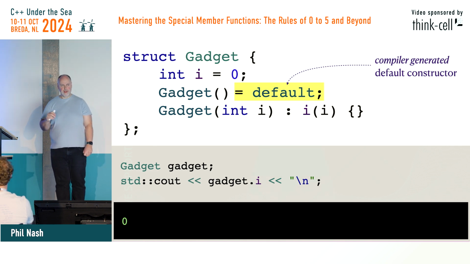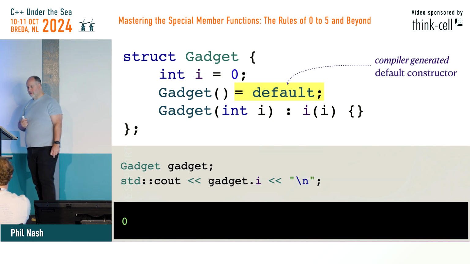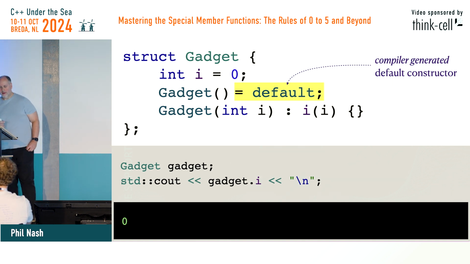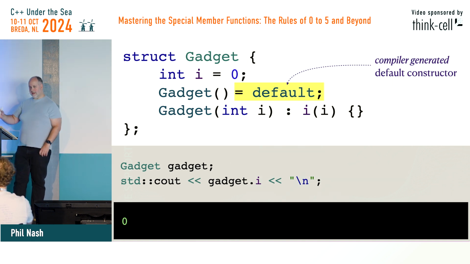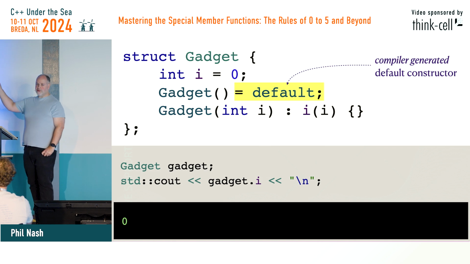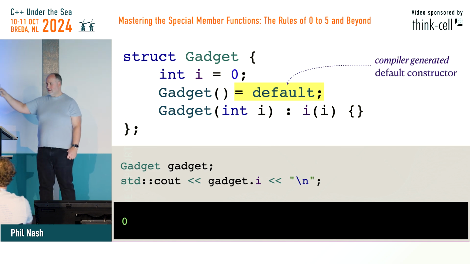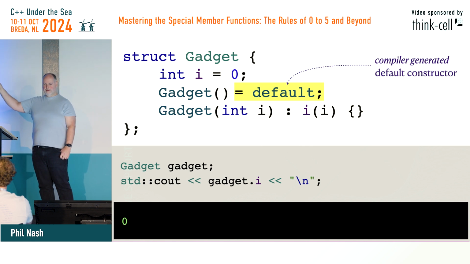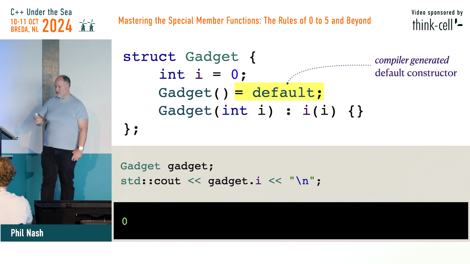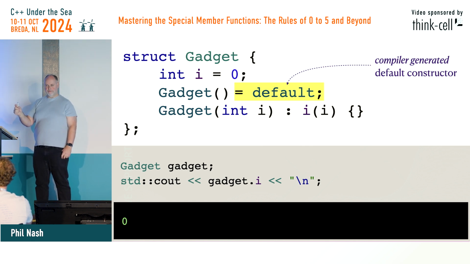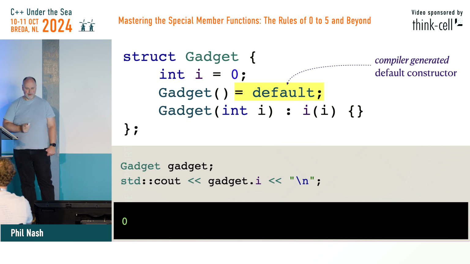Seems to do the same thing here, but not necessarily the case, particularly as your classes get a little bit more complex. There may be some differences there. And in particular, it will only generate this if it can. But say you had a const member that you haven't initialized. It won't generate the default constructor, even though you've written equals default. So it's a little bit safer. So bear that in mind.